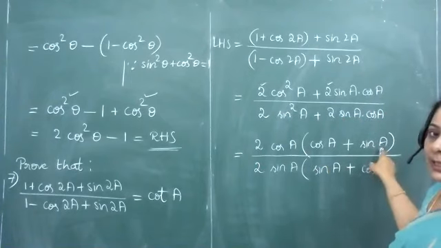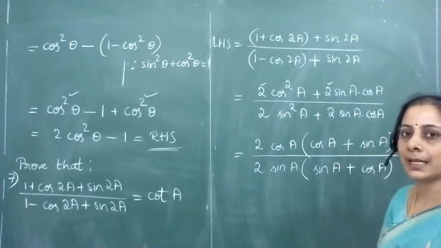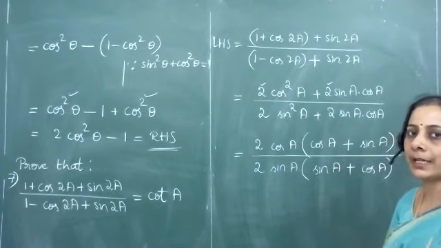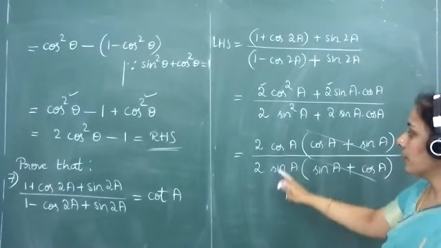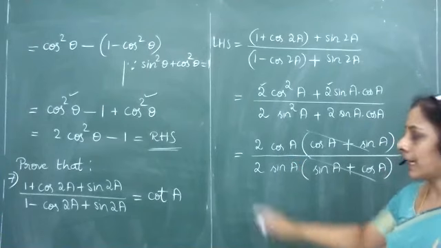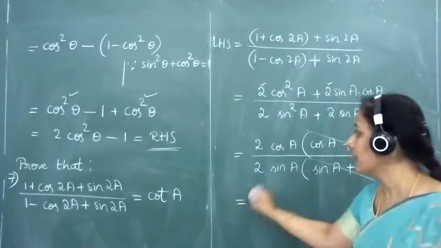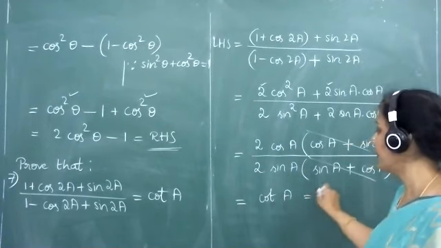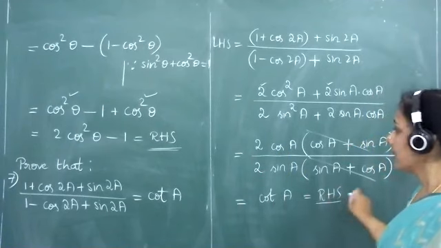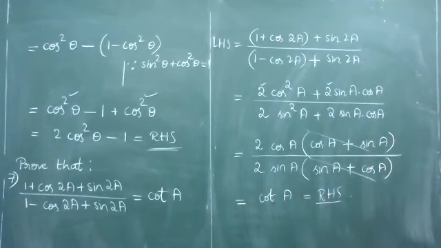And we note here that cos a plus sin a is again a common factor to both numerator and denominator, which eventually will get eliminated. 2 cos a divided by 2 sin a, 2 also gets cancelled out. Cos a divided by sin a, which simplifies, is equal to cot a, which is the RHS that is required.